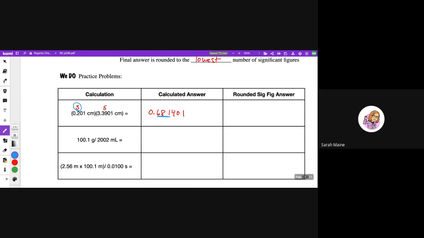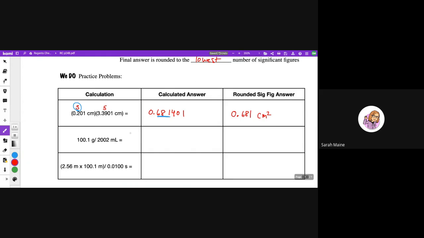Do they allow the 1 to be rounded up to a 2? No. So my final sig fig answer, I can keep the leading zero there, 0.681. Just remember, whatever math we do with the measurements, we have to do with the units. So I have centimeters times centimeters, which makes it 0.681 centimeters squared.